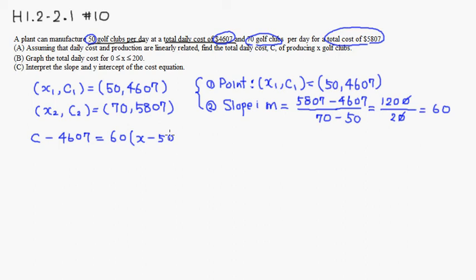I'm going to distribute the 60: we get 60x, and 60 times negative 50 gives negative 3,000.